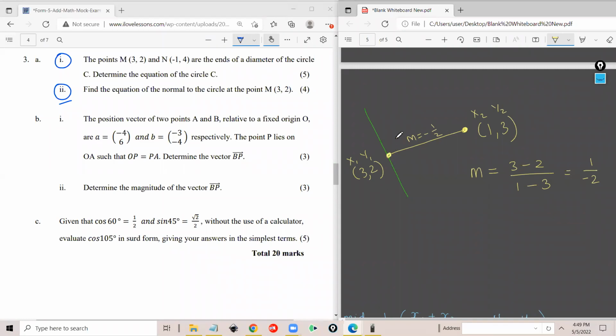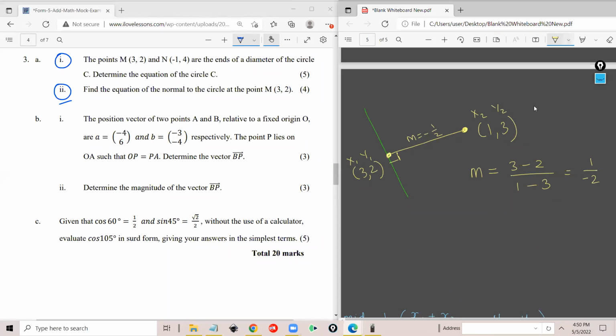But remember, the green line is at right angles to the yellow line. So in maths, to find the gradient of a perpendicular line, your teacher has used this fancy term, the negative reciprocal, which basically means you're going to flip it and change the sign of the gradient.